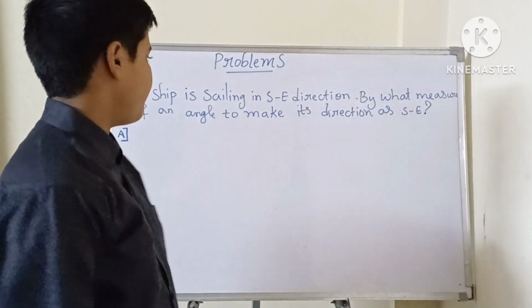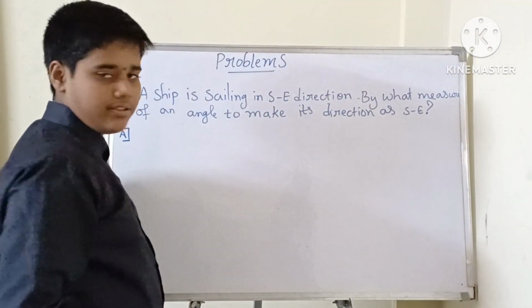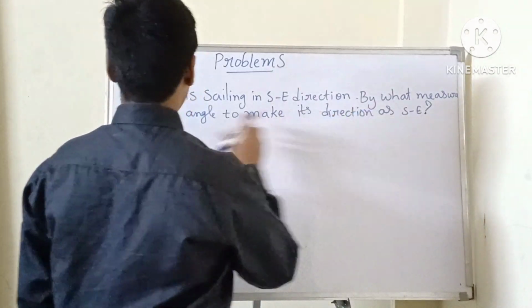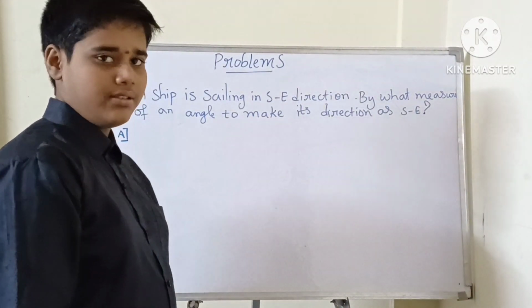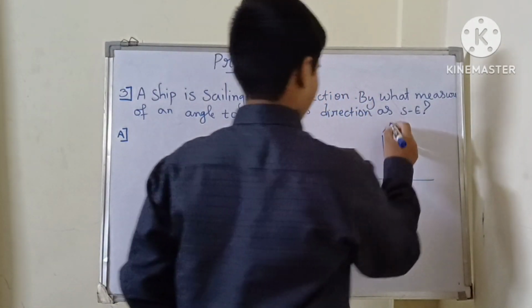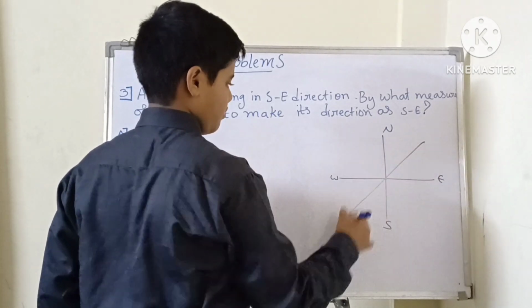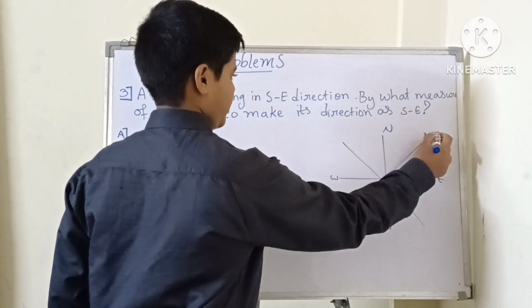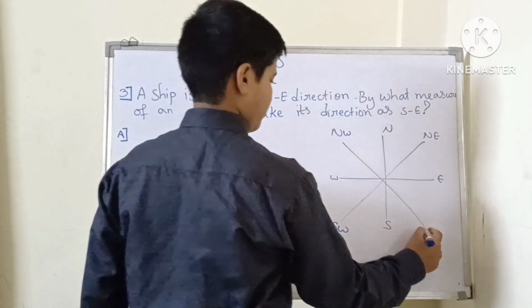Third problem. A ship is sailing in the southeast direction. By what measure of an angle must it turn to make its direction southeast? Here we already learned the directions: north, south, west, east, northeast, northwest, southwest, southeast.